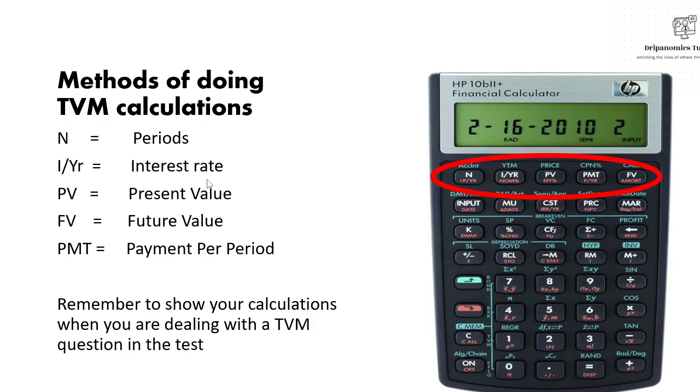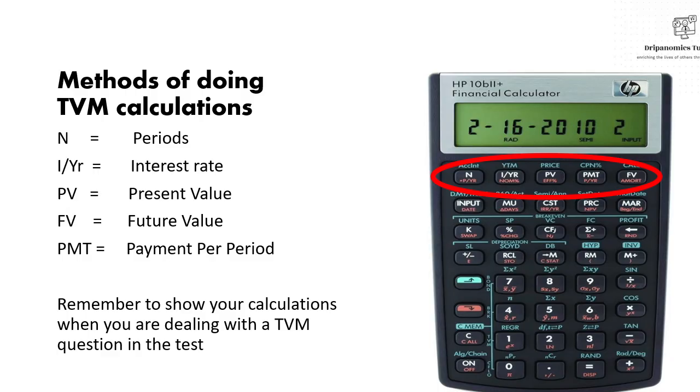Same with the FV button, and same with every other symbol. If you are looking for that thing, you would put every other thing into your calculator, your interest and so on, and then at the end you would press the button of whatever you are looking for.